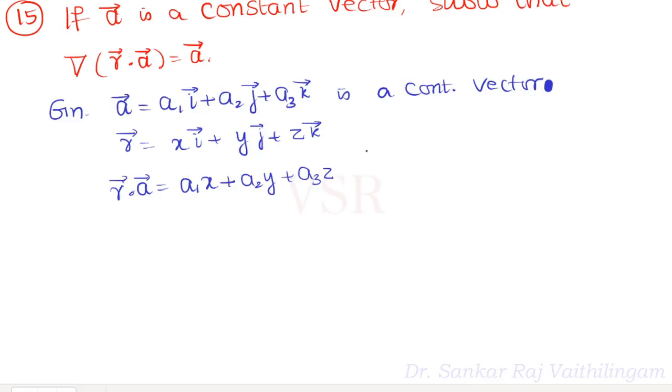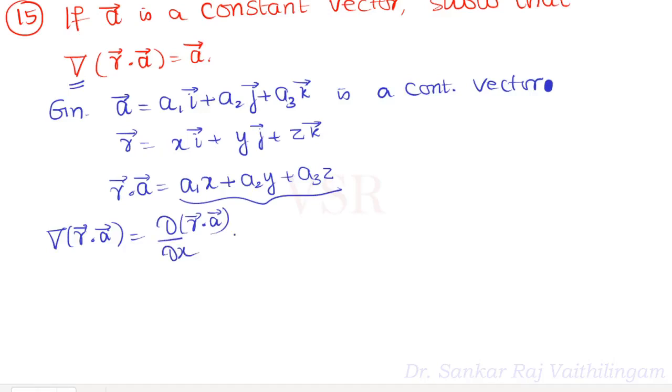So this is a scalar valued function. Then what can I find? I can find the gradient. So del of r vector dot a vector equals dou of r vector dot a vector by dou x into i vector, plus dou of r vector dot a vector by dou y into j vector, plus dou of r vector dot a vector by dou z into k vector.